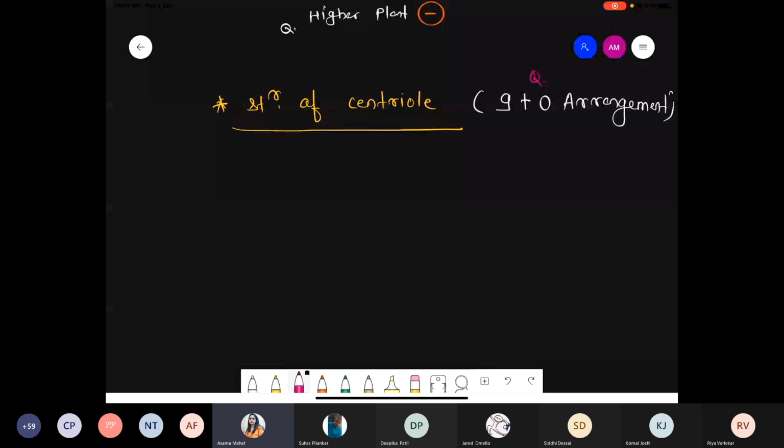When we talk about the structure of the centriole, it looks like a cartwheel, in a circular manner.